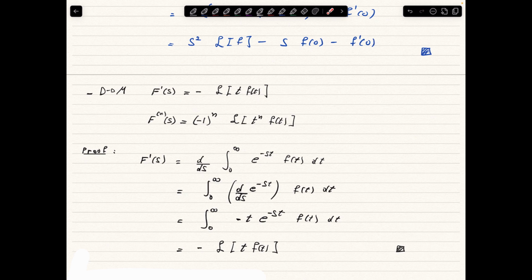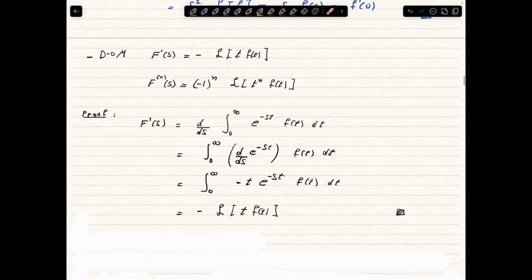And the only part that depends on s here is the exponential, so the derivative goes there. And the derivative with respect to s is going to drop a negative t, which here it is. The negative sign, we put it outside, and then tf is what we are computing the Laplace transform of right now. So very simple to prove.